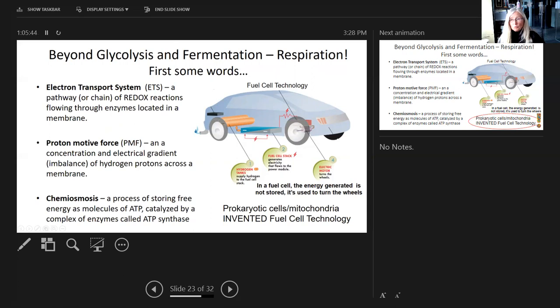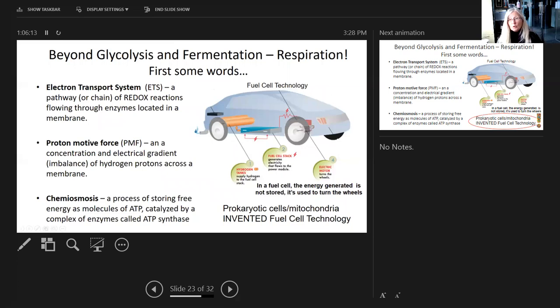So let's start with some words just to refresh your memory about it. After the Krebs cycle, respiration has 3 parts that you've got to consider: the electron transport system, right? So this is a membrane-associated series of redox enzymes in a chain where one redox enzyme wants the electrons more than the one before it, so they keep passing those electrons on down.